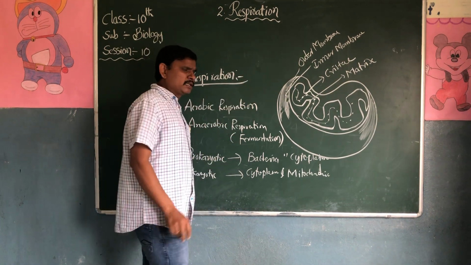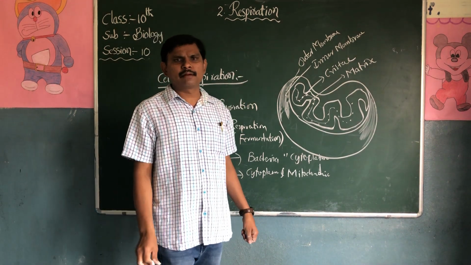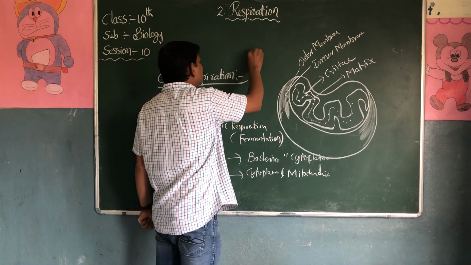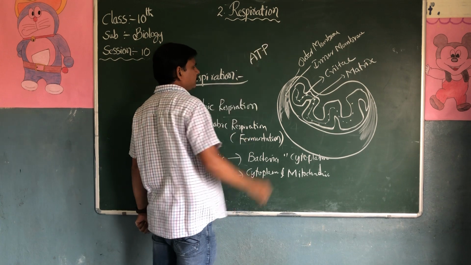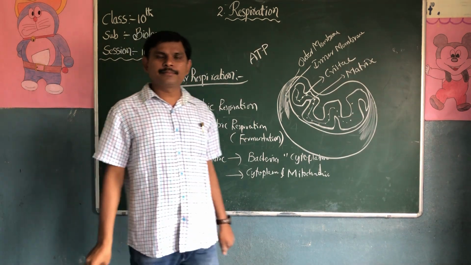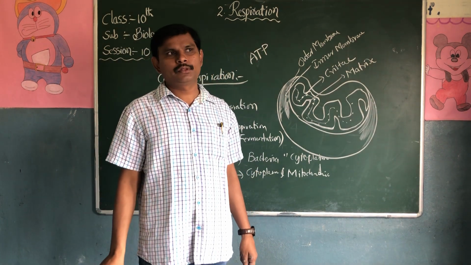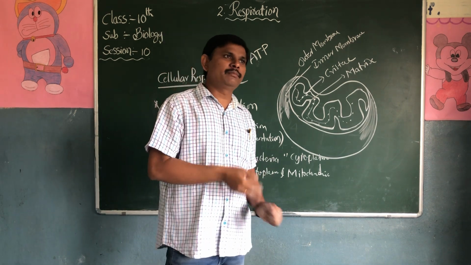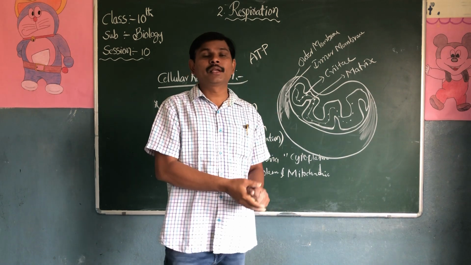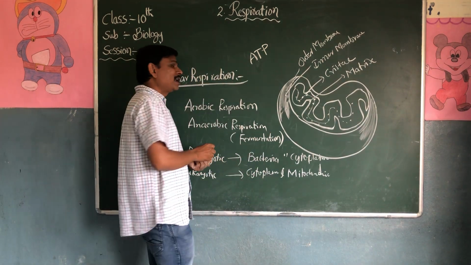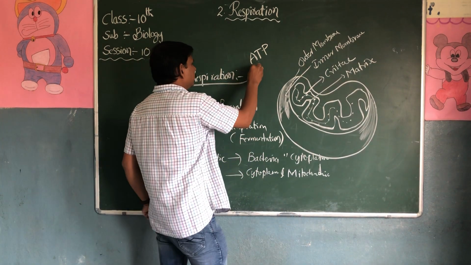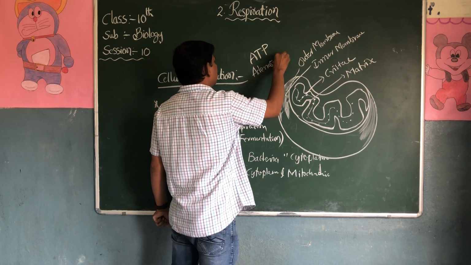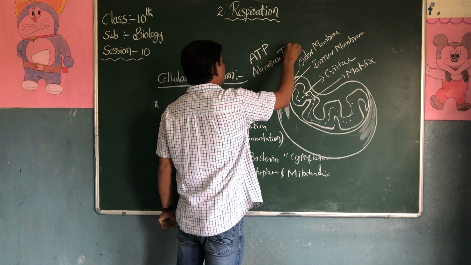So this mitochondria is also called the powerhouse of the cell. The energy is stored in the mitochondria in the form of ATP, adenosine triphosphate.